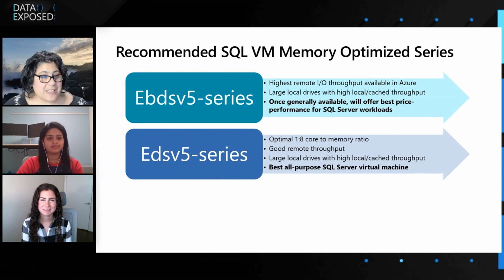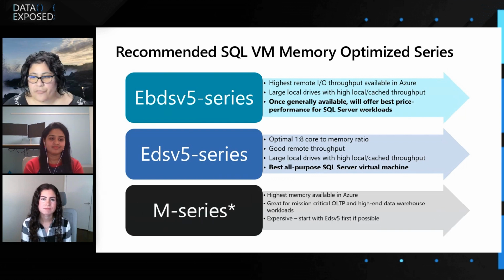If you don't have as high storage bandwidth needs, you can go with the Edsv5 series. So this also has that good 1:8 core to memory ratio, but it's got significantly less IO throughput than the Ebdsv5 series. So that's a good entry level all-purpose VM series. And then for your more high intensity data warehousing workloads, big iron servers, you can go with M series.